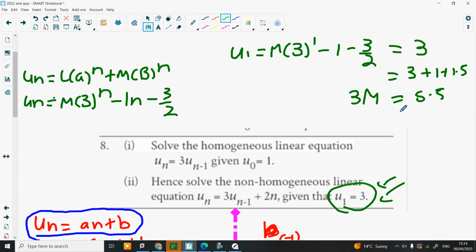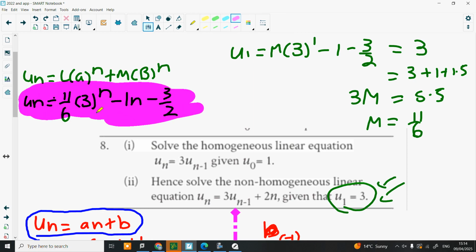Everybody happy with 5.5 is 3m? And then divide that by 3. What's 5.5 divided by 3? Thank you. That is the answer, yeah. And then you go back and you change that into 11 over 6. And that is your full solution.